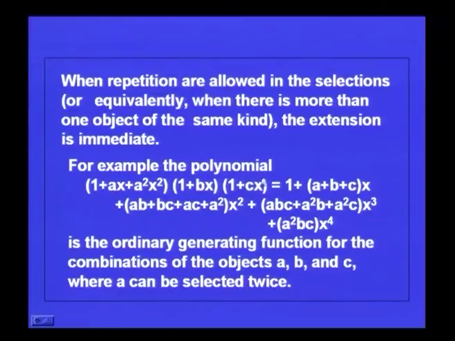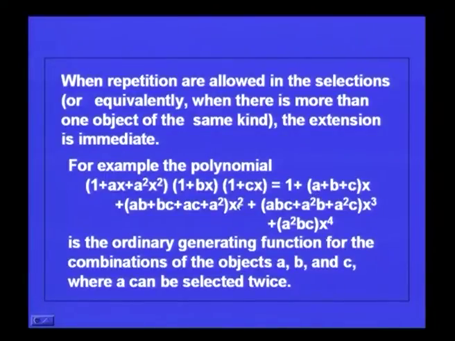Now, if you expand this, you get this, which means if you want to select one object out of the 3 objects where A can be selected twice. See, when you select only once, it does not matter whether A can be selected twice, and the coefficient becomes only A plus B. The coefficient of x tells you the number of ways of selecting one object out of 3 objects A, B, C, where you allow A to be selected twice.